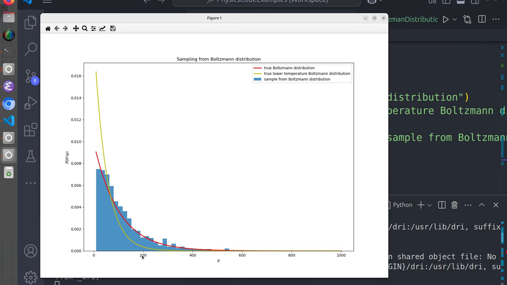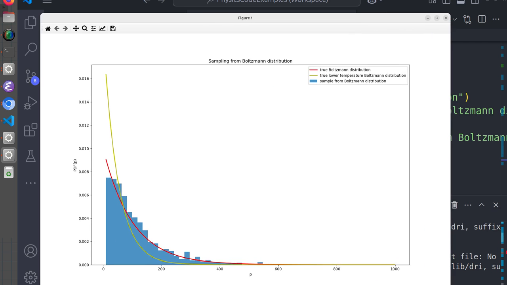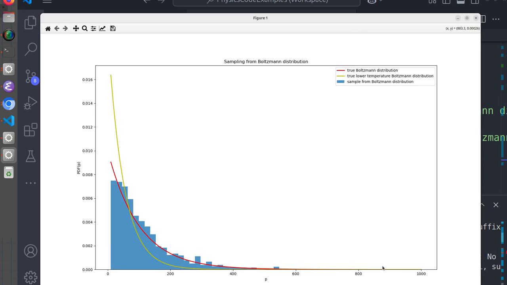This is the histogram, made in blue from the sample of points numerically drawn. So this is the sample from the Boltzmann distribution. And red is the true Boltzmann distribution. You can see it agrees. It's exponentially falling.